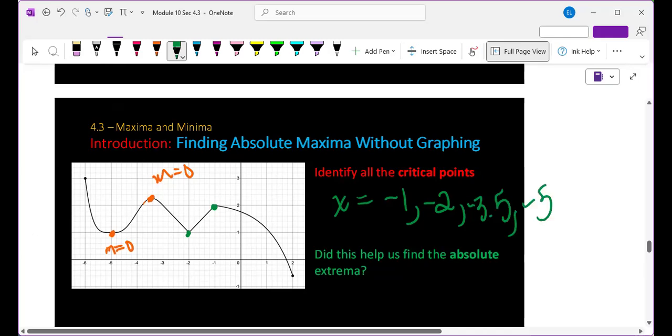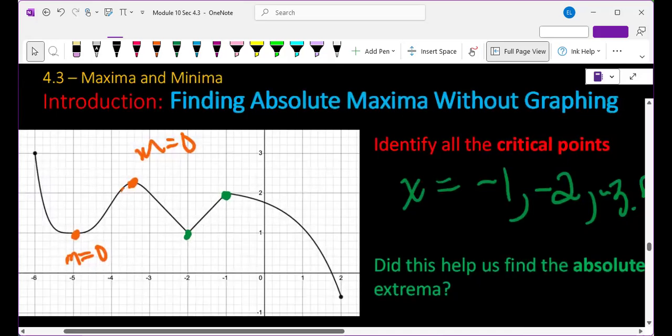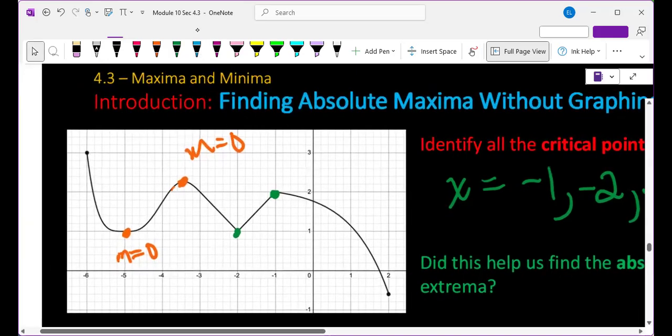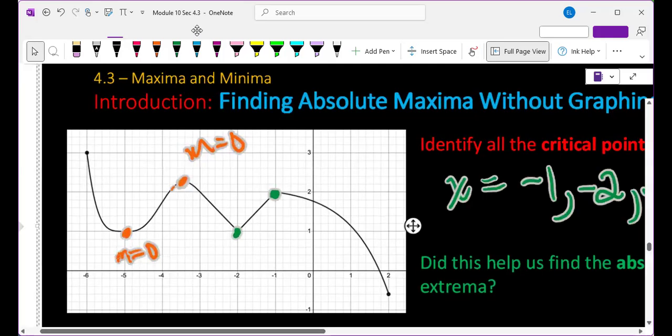Now, picking out those numbers is a guess. Doing it off a graph is very inaccurate. But looking at the graph, I can see, okay, those are relative lows and highs. That makes sense. But what is my absolute highest y value on this graph? Looking at the whole graph, this one goes a little bit higher.